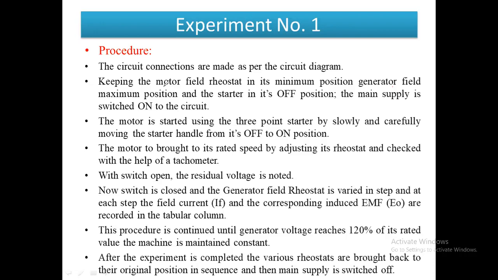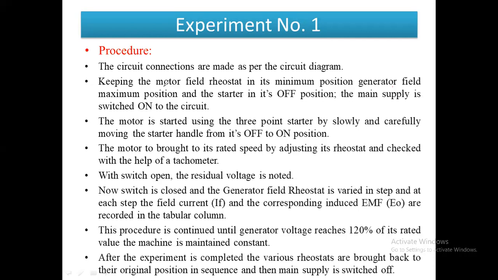This procedure is continued until the generator voltage reaches 120% of its rated value. We repeat this procedure until the generator reaches 120% of the rated value of the machine, while the speed is maintained constant. And after the experiment is completed, the various rheostats are brought back to the original position.